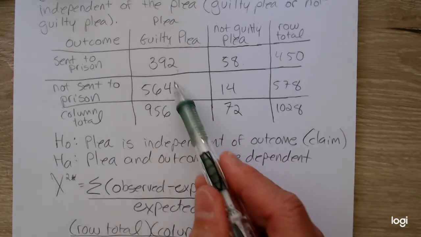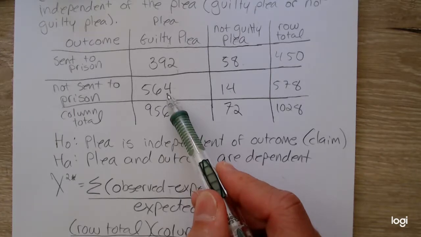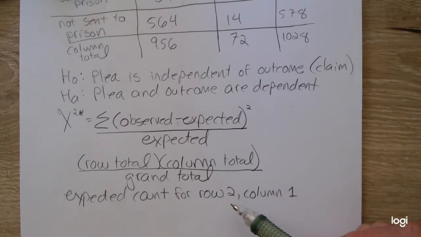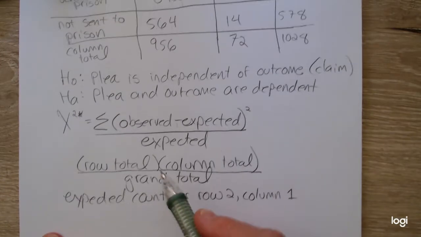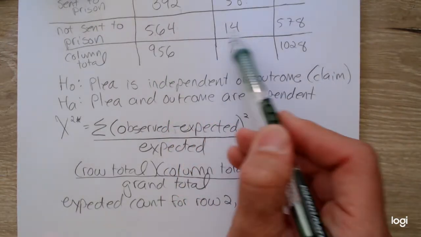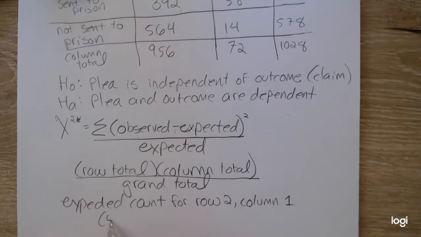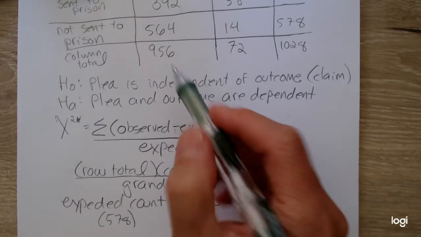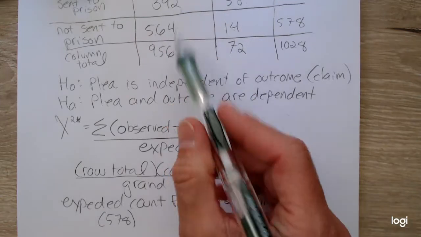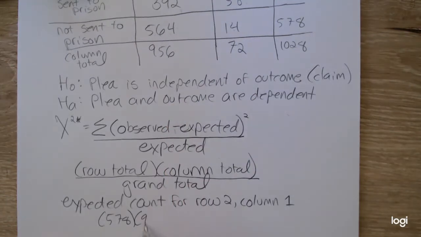Here is the observed count. If I want to get the expected count for that particular cell, I need to take the row total for the row it's in, and that's 578, times the column total for the column that it's in, and that's 956.